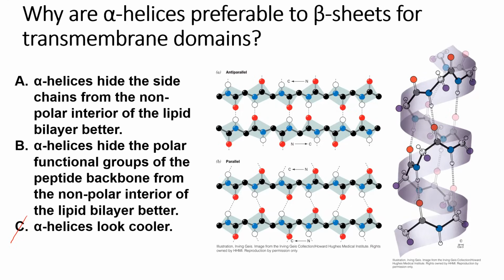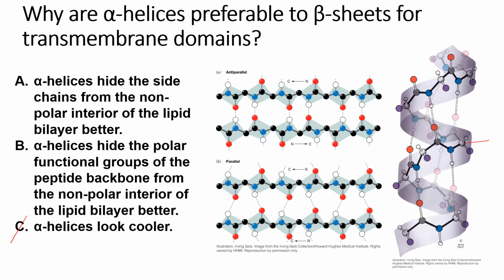But A, the side chains: if a single helix goes through the integral membrane protein, the residues are going to be like spokes around a hub, okay? And so that means they will point out, just like we discussed before.